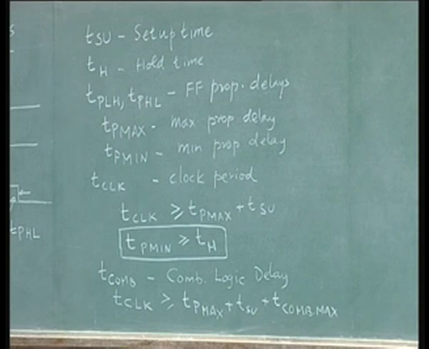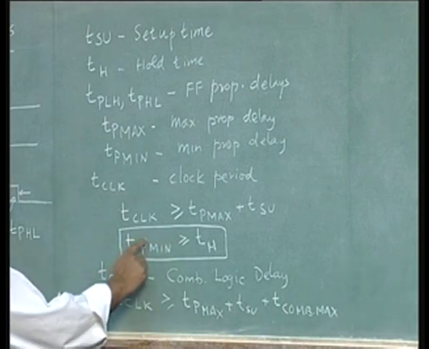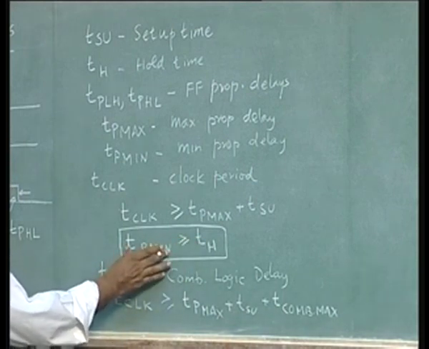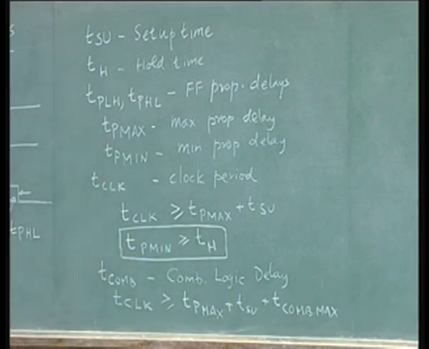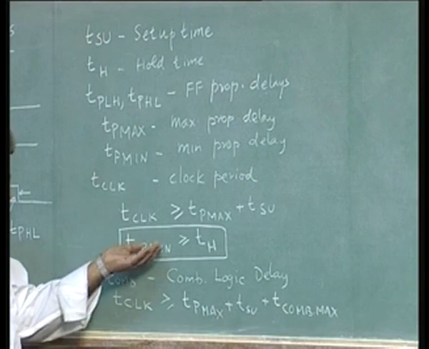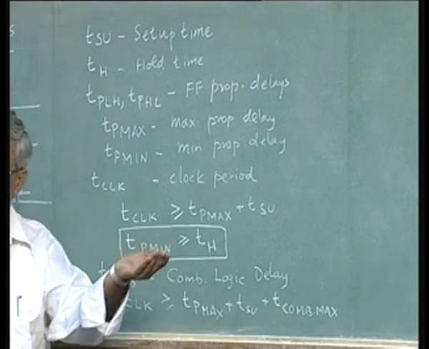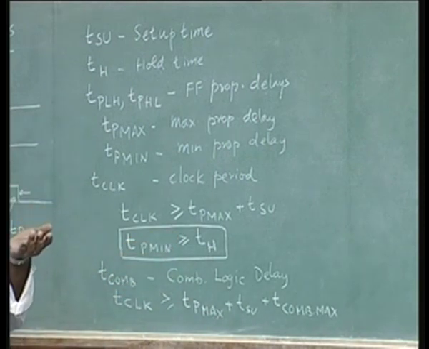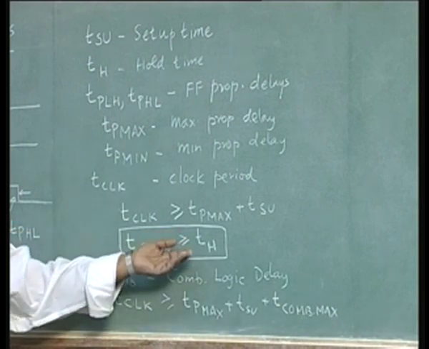Likewise this equation also will get modified as Tp minimum plus, so that means now this restriction gets reduced a little bit because I have the extra combination logic delay. What I said here was the propagation delay should be sufficient so that it does not reach the input in case of feedback before the hold time has expired.